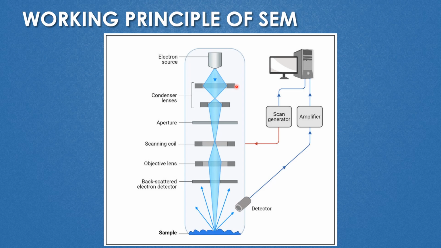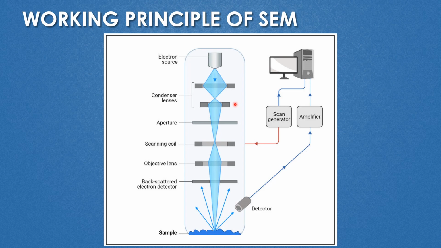The first electromagnetic condenser lens largely determines the spot size and the general size range of the final spot that strikes the sample. The second electromagnetic condenser lens changes the size of the spot on the sample, changing it from a wide dispersed spot to a pinpoint beam.